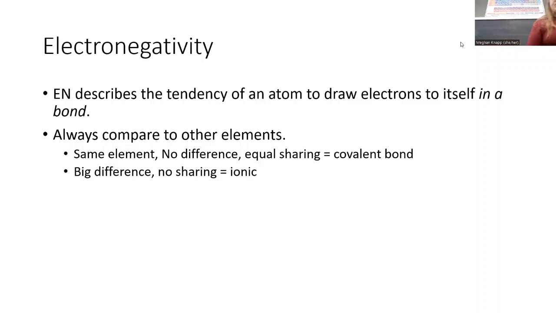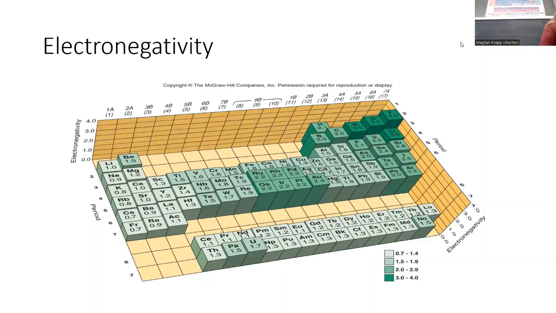Looking back at the electronegativity here, if I have, let's say, oxygen and chlorine there, you can't see those numbers, but that's 3.5 and 3.0. So the difference is 0.5, and so we would say that was a covalent bond, right?